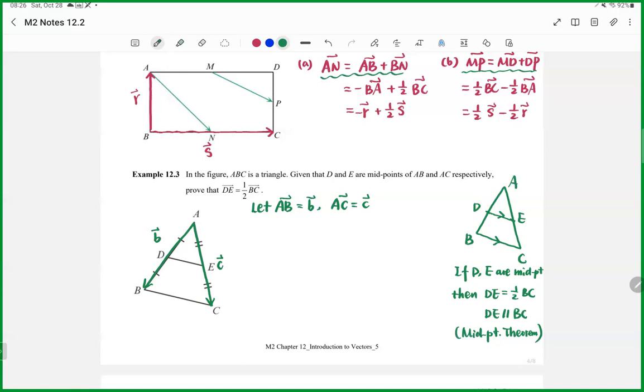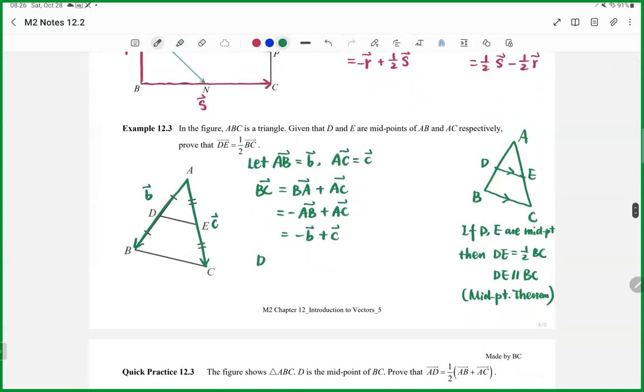So here, for example, BC equals BA plus AC, and that is negative AB plus AC. So that is negative B plus C. So it's expressed.